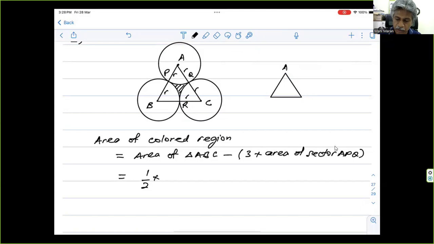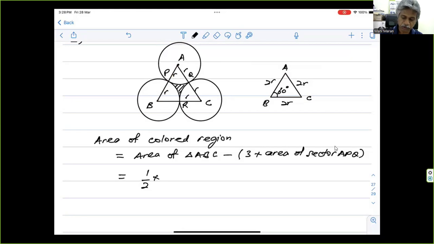If this is A, this is B, this is C, the distance from A to B will be R plus R, which is 2R. Similarly, B to C is 2R, A to C also 2R. Because the three sides are of the same length, this is an equilateral triangle. Therefore, each angle will be 180 divided by 3, which gives you 60 degrees.